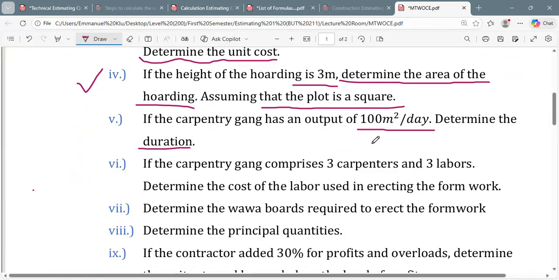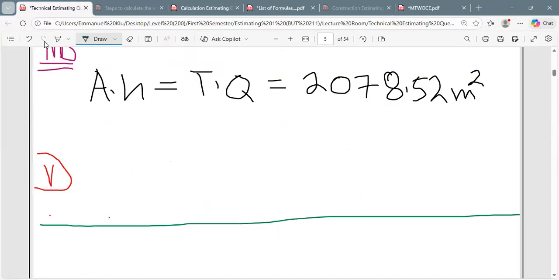So the carpentry gang, the whole day they can work, the hoarding they are going to be doing, they can do it as a total area of 1,000 meters squared a day. So let's say duration of carpentry gang.